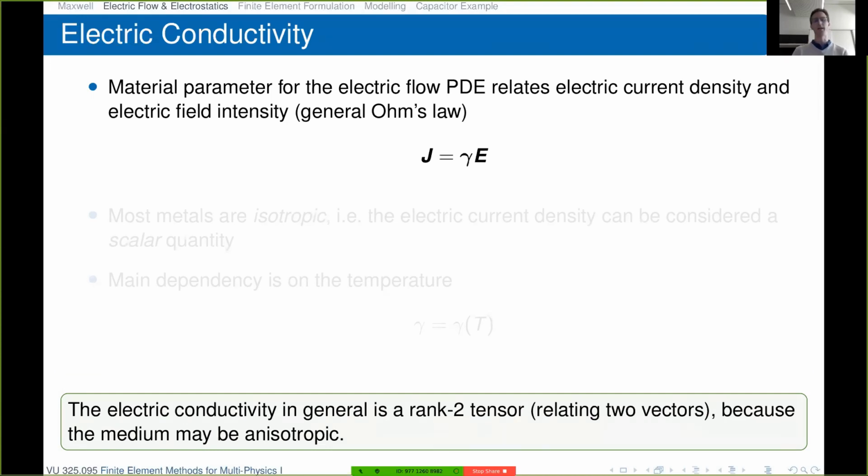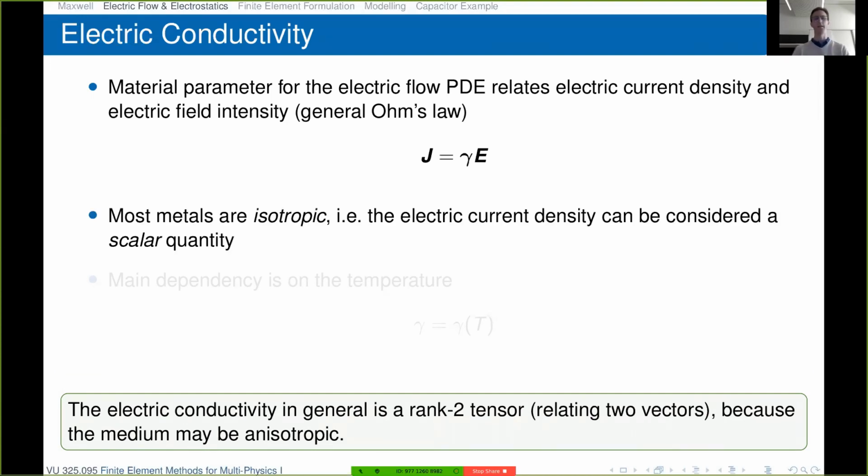For most metals, however, we can consider them as isotropic, and then the electric conductivity can be considered as a scalar quantity or a tensor with equal diagonal entries only.